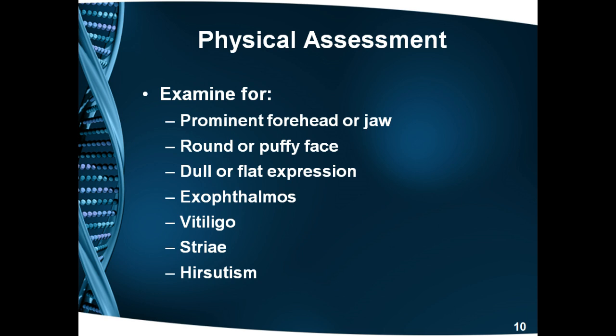Sometimes people will have a round or puffy face, and you might notice that as a result of that round or puffy face, they may have some type of endocrine dysfunction. It may have something to do with them having excess cortisol in their body. You're going to look and see if they have a dull or flat expression.